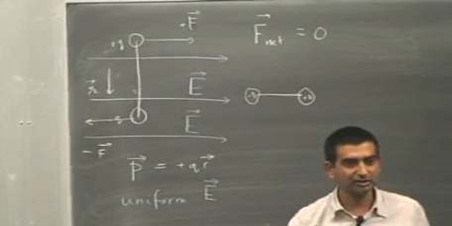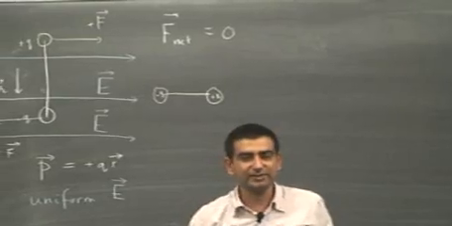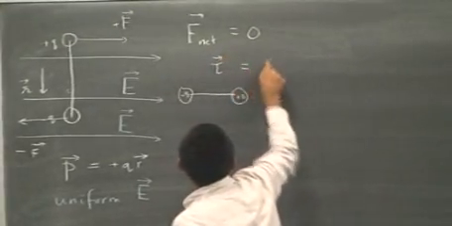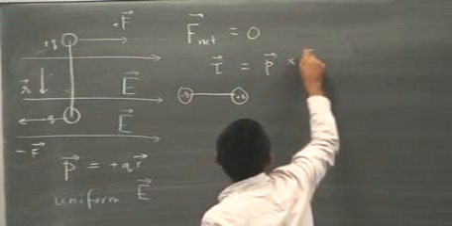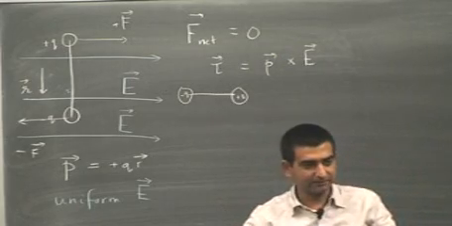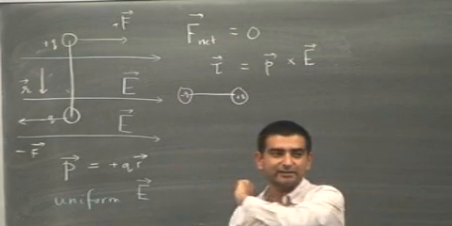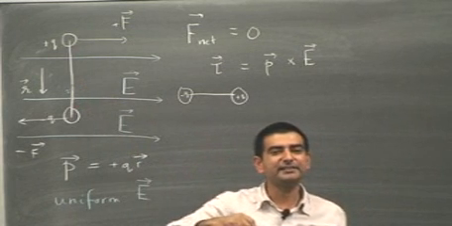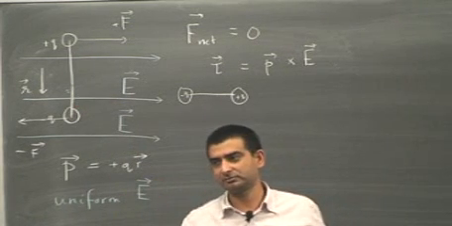It will experience a torque, but torque does not mean a net force is acting on this dipole. And the torque will be given by the electric dipole moment cross product with the electric field. So torque will act, but no force will act, which means that this electric dipole will not experience any translational motion.